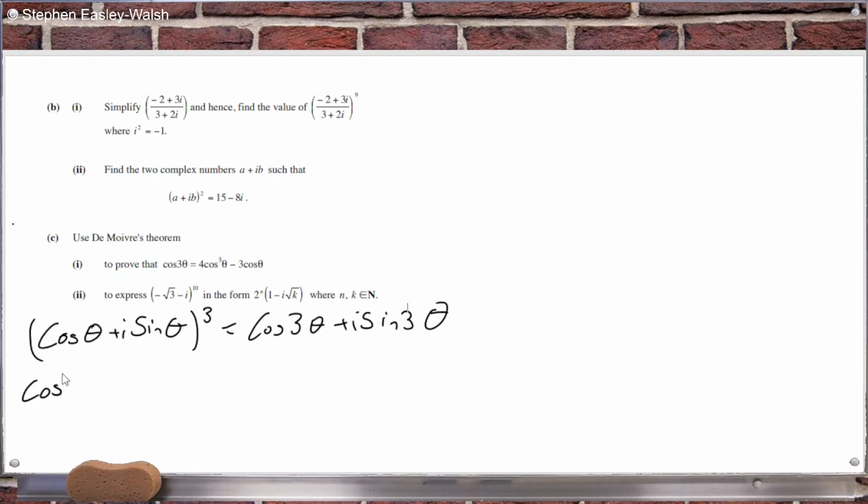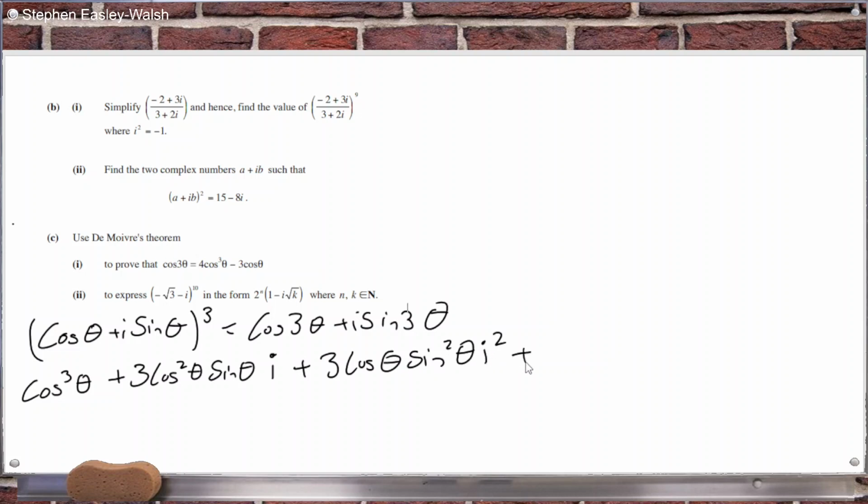So that's cos cubed theta plus 3 cos squared theta sine theta i plus 3 cos theta sine squared theta i squared, and then plus i cubed sine cubed theta equals cos 3 theta plus i sine 3 theta, and we're looking for cos 3 theta, so we're just looking at the real parts.